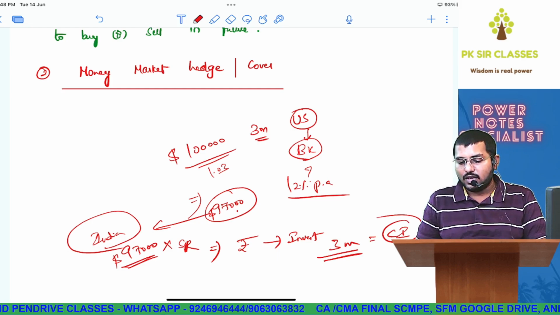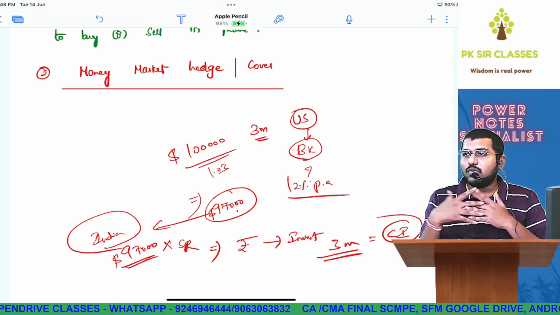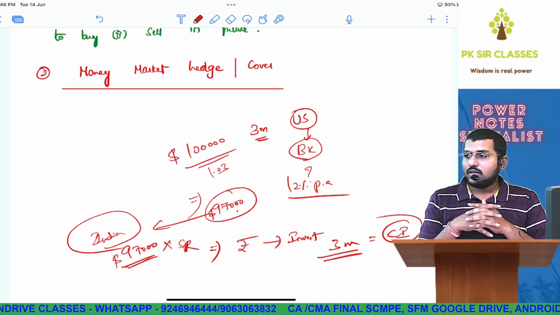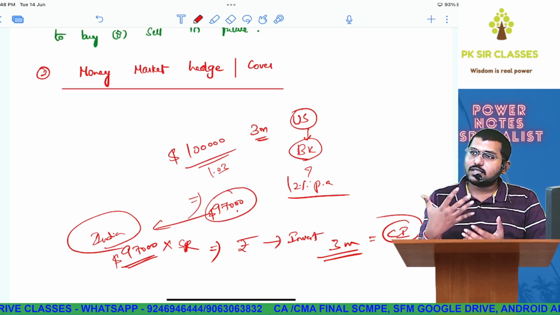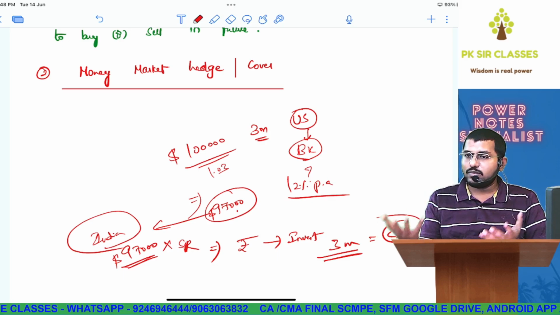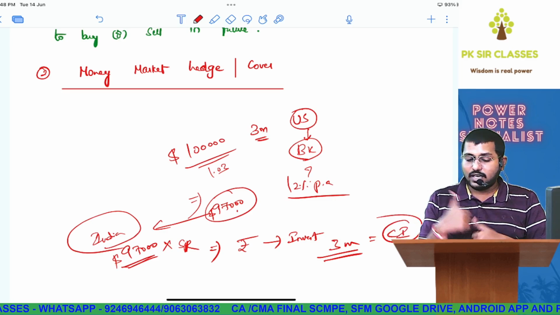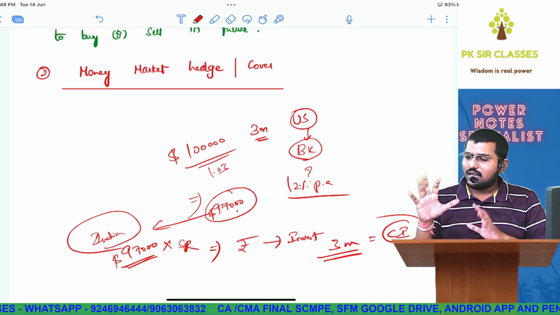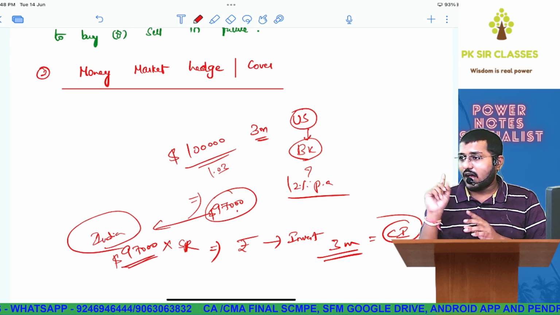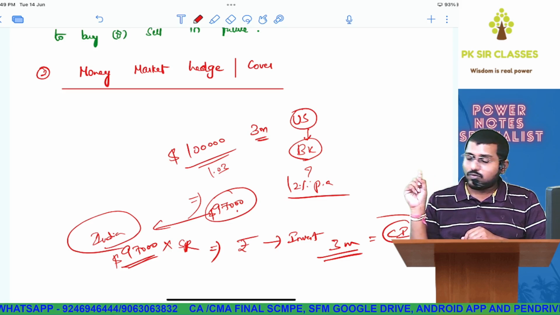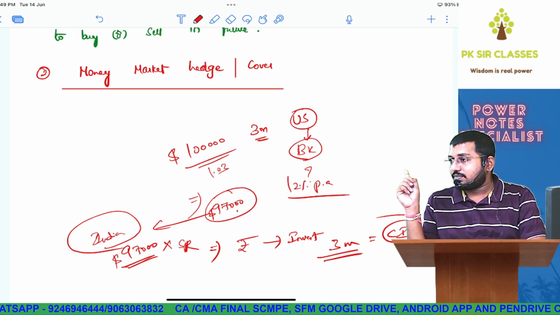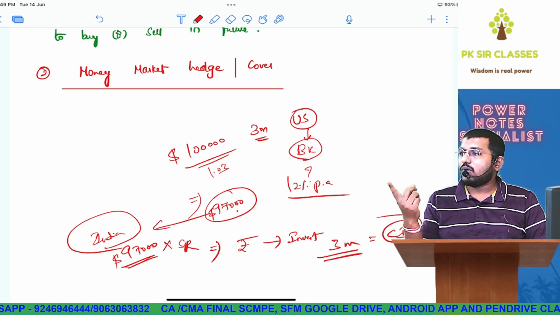That's the point. So look at the whole procedure. Who are you right now? Exporter, which means you have an asset or liability? Asset, because you'll be receiving the money. When there is an asset, what did I say? Create a liability. Did I create a liability over here? Yes. Now the net effect is that after 3 months, the loan that I've taken will exactly become 1 lakh.